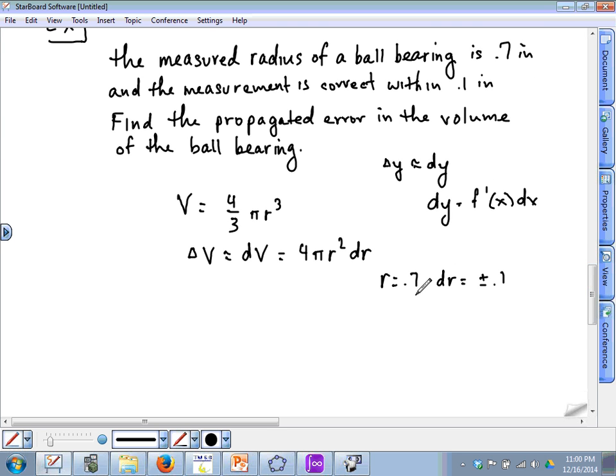So using these values here, we have 4 pi times 0.7 squared times plus or minus 0.1.